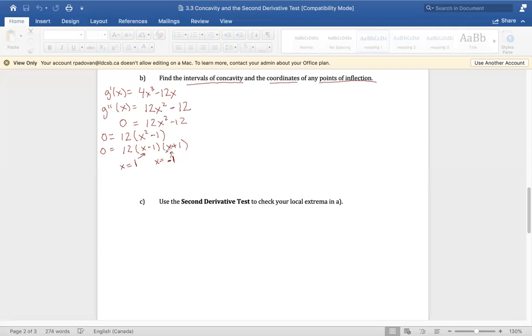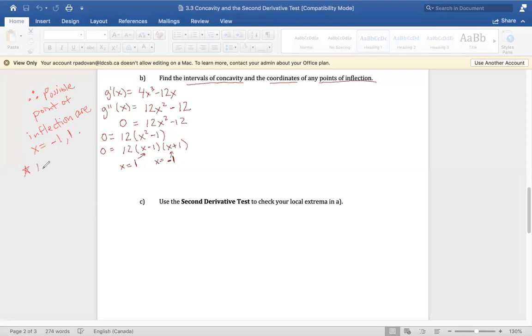So just to point out what we're doing here, I'm going to put that over here so I have room. Therefore my possible points of inflection, possible because I haven't done the chart yet, right? So my possible points of inflection are x equals, remember to go in numerical order here, negative 1 and 1, and that's it. That's all I have right now.